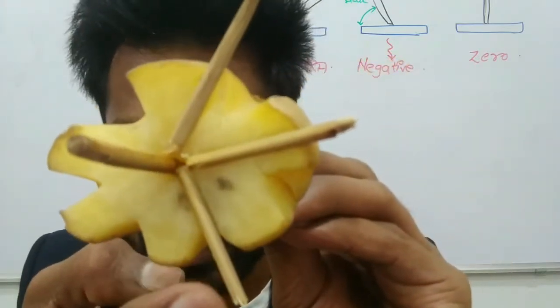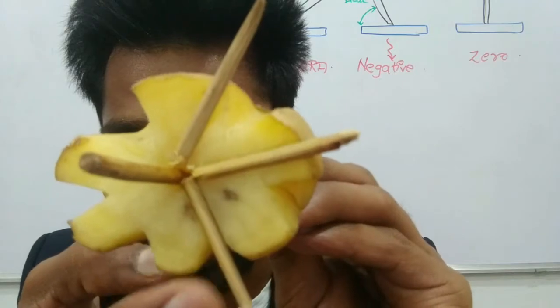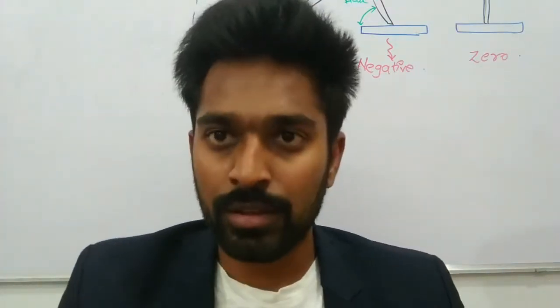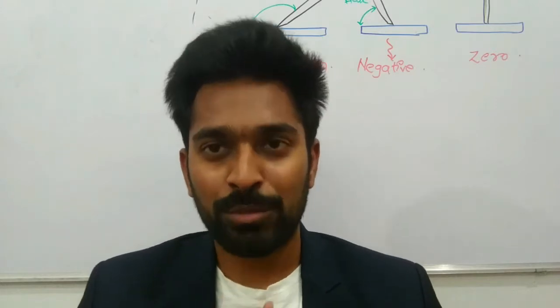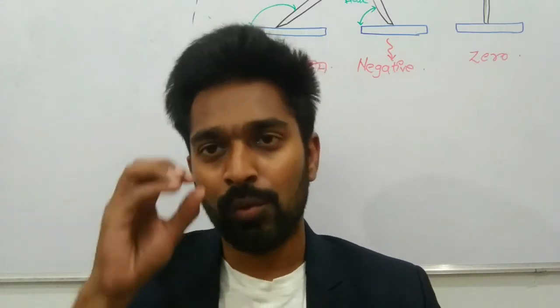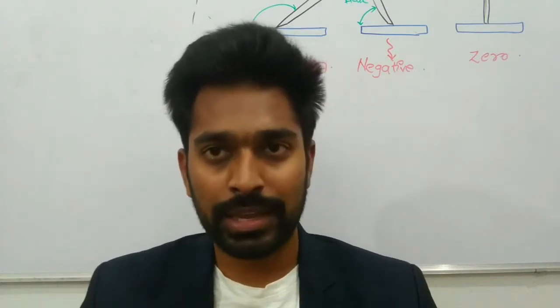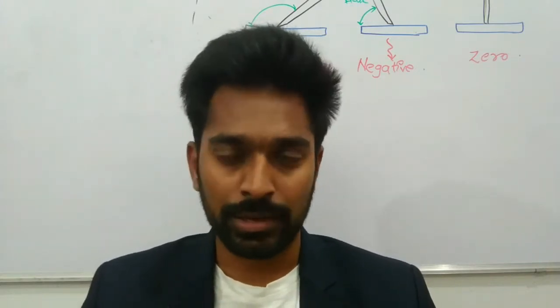So this angle is called a positive rake angle. Hope this small demonstration helps you in understanding what exactly the rake angle and helical angle are, and what positive, negative and zero rake angles are.